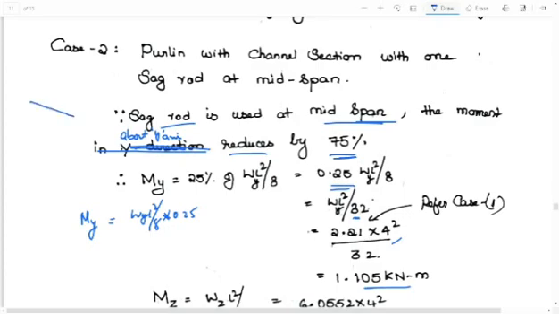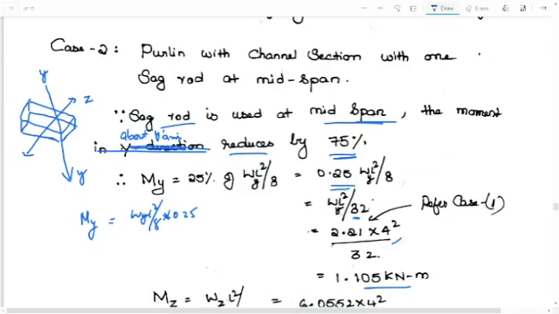See, this is the purlin. This is the z axis and this is the vertical axis y.